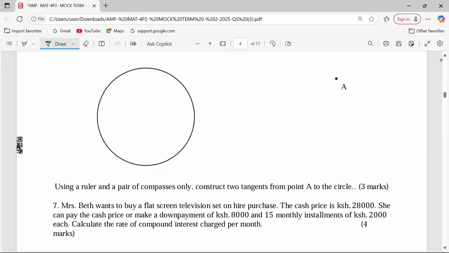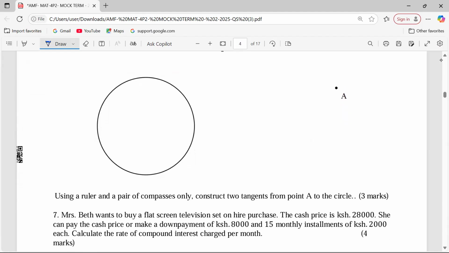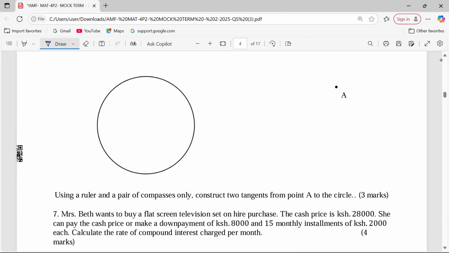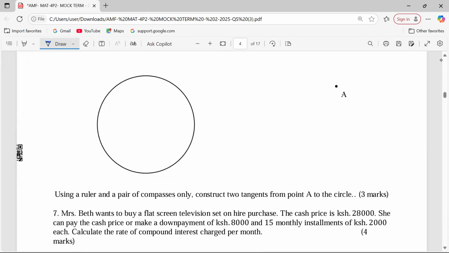For us to construct 2 tangents from point A to the circle, one thing that we are supposed to be very sure about is the center of the circle. So let's identify the center of the circle first. And how do we get the center of the circle?